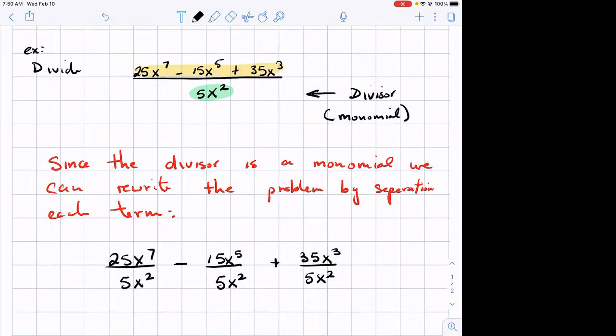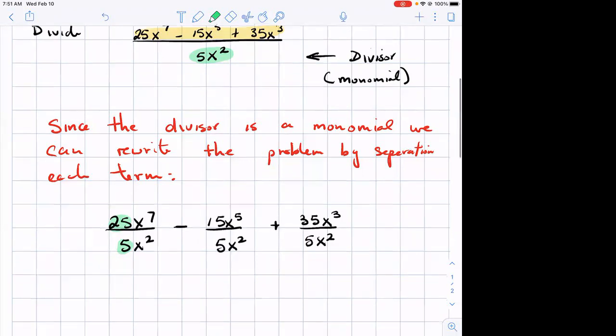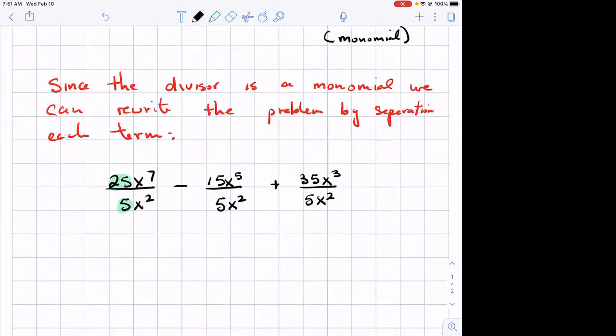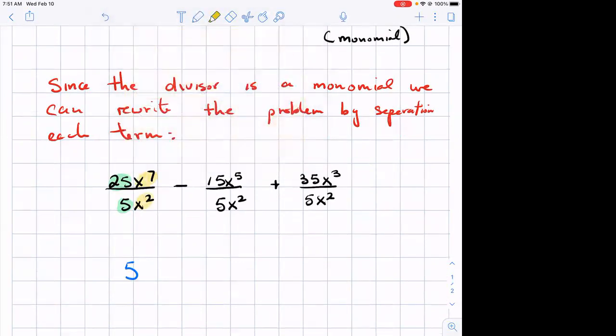The first thing we'll do is, what is 25 divided by 5? If 5 didn't go into 25 evenly, you would leave it as a fraction. So 25 divided by 5 is 5. Then, what is x to the 7th divided by x squared? When you're dividing and the base is the same, you subtract the exponents.